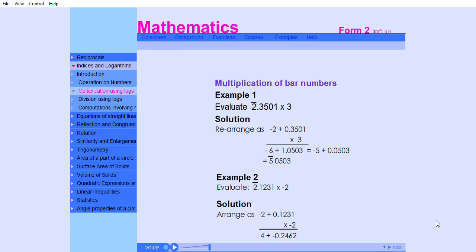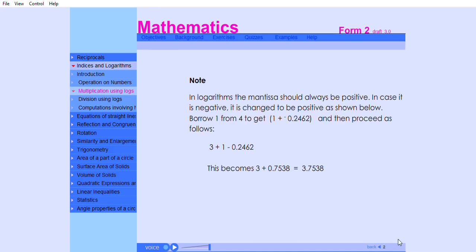Example 2. Evaluate bar 2.1231 multiplied by -2. Arrange as -2 plus 0.1231 multiplied by -2, which is equal to 4 plus -0.2462. Note that in logarithms, the mantissa should always be positive.